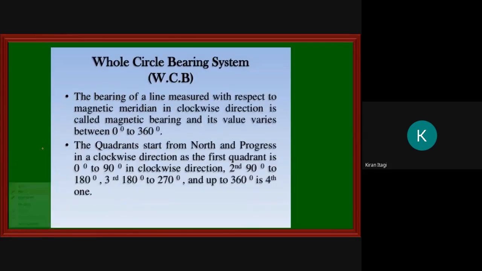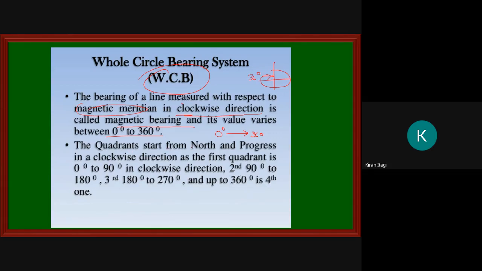So we will see whole circle bearing. The bearing of a line measured with respect to the magnetic meridian in clockwise direction is called magnetic bearing, and its value varies from 0 degree to 360 degree. If you draw like this, the total is 360 degree.